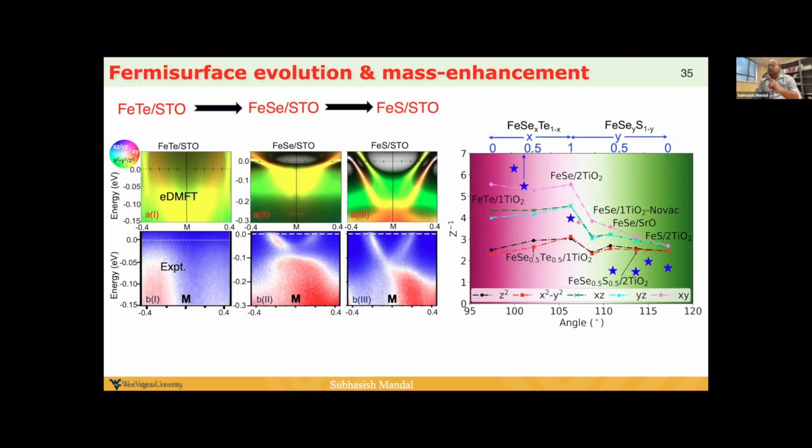Now, these stars are directly from the ARPES. So what I'm plotting is this mass enhancement from the experiment as a function of alloying. These blue stars are directly from the experiment, and it is following the similar trend that we are actually seeing in the DMFT.